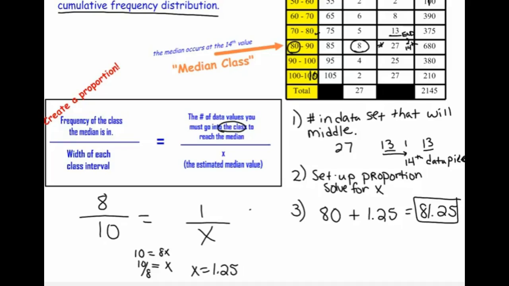Okay? And that is how to do that. So you take your beginning class limit of the interval where the data piece lies and our newly calculated amount, which was x, and that will be our estimated median.